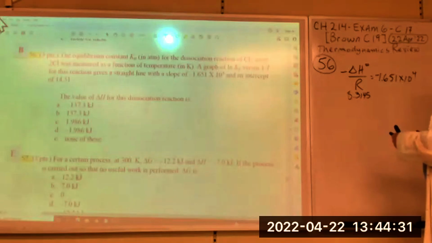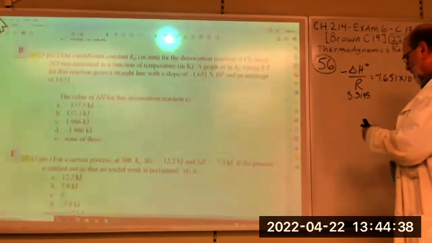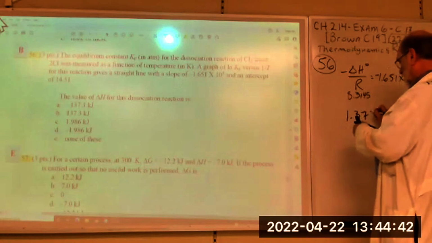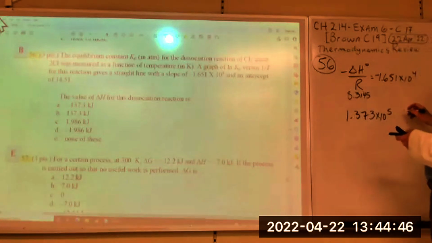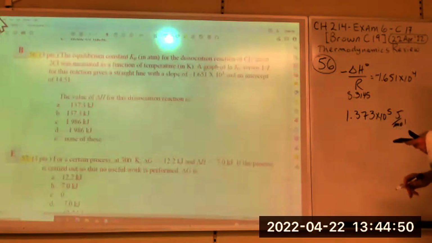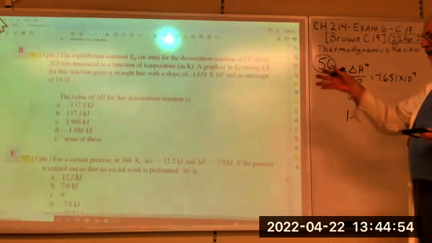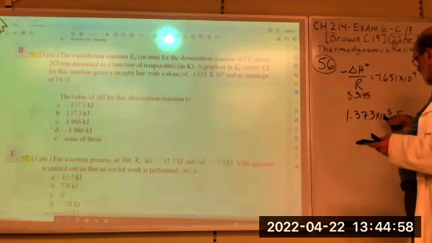1.651 exponent 4 times 8.3145. So I get 1.373 times 10 to the 5th joules per mole. Okay? But the answers are in kilojoules. So how many kilojoules is this?